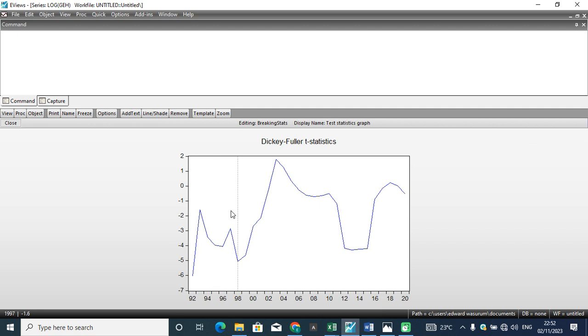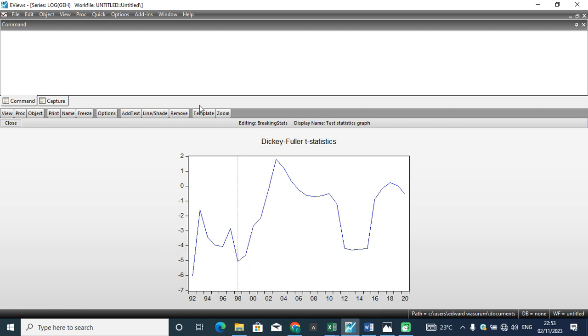Remember that in my previous video I told you that outliers and structural breaks make a graph have a very sharp point of departure. If you take a critical look at this graph, you observe that in 1998 there is a critical point of departure, a breakpoint where the graph had an upward spike, and according to the test statistics, that is the point at which the break occurred.